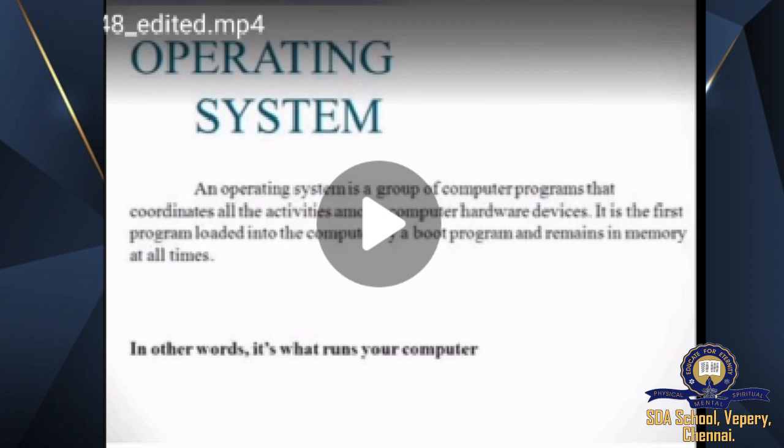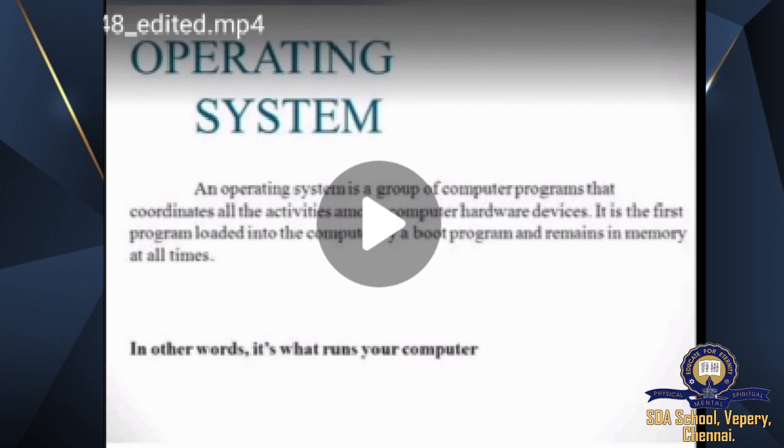When the computer is switched on, the operating system is the first program to be loaded in the computer memory. Some of the operating systems are MS-DOS, Windows 95, 98, Windows XP, Windows 7, 8, Mac, Android, Unix, Linux, Apple, etc. All these come under the operating systems.